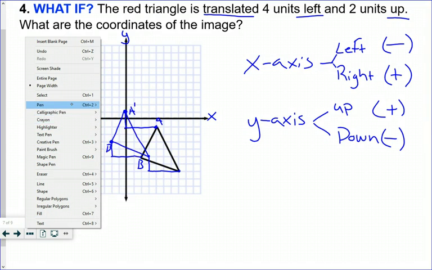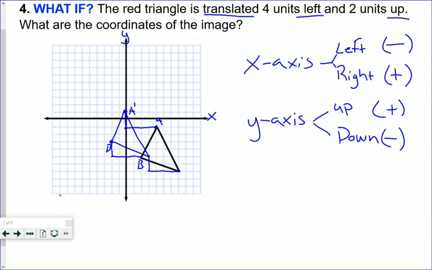Different color here so you guys can see it. Okay, with the different color, this has shifted up and also to the left to give us our new image.